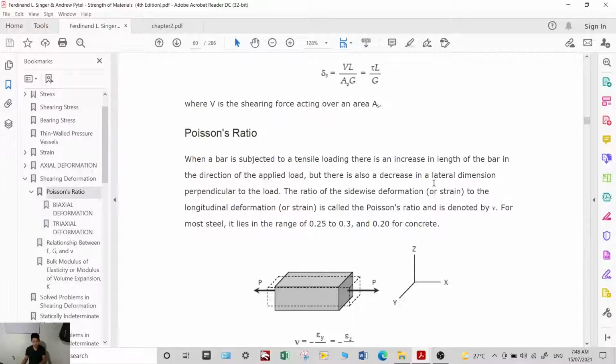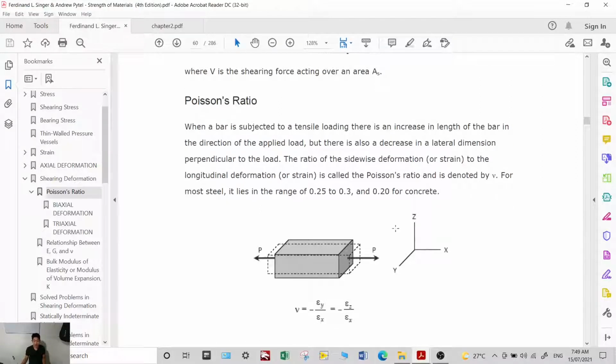About determining strain of a material, and specifically we'll be discussing the Poisson's ratio. Okay, so what is this all about? Imagine that you have this metal bar, the one in black.